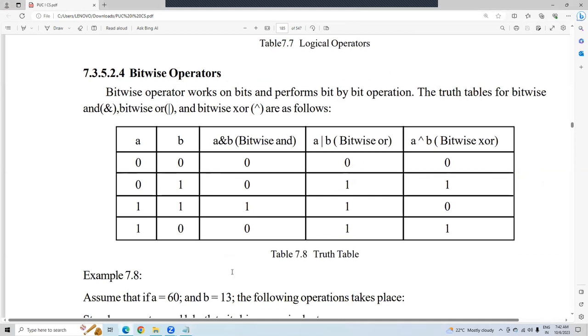We have bitwise operators. These operators work on bits and perform bit by bit operations. The truth table for bitwise AND, bitwise OR, bitwise XOR is as follows. These are the input values.